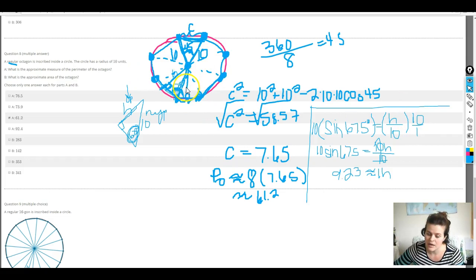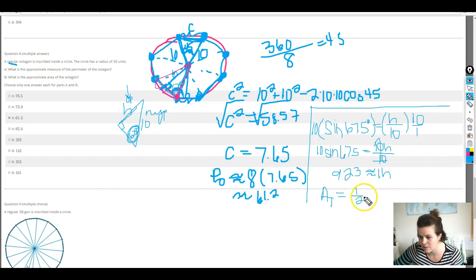Now if you remember back, our triangle area is 1/2 base times height. So the area of our triangle is going to be 1/2. What is our base? Our base in our triangle, from our center point to the vertex to an adjacent vertex back to our center point. This base right here we did find to be 7.65.